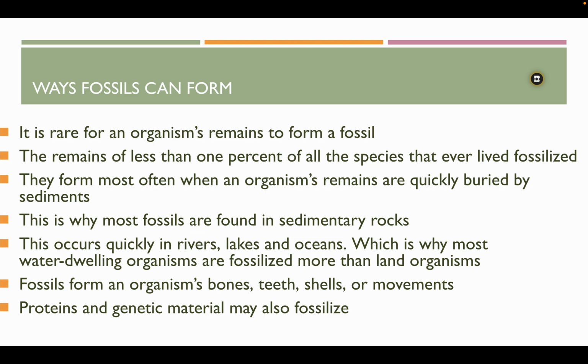We're going to see fossils of dinosaur footprints. We'll see fossils of teeth marks. We see shells all over the beach all the time. And then proteins and genetic materials may also fossilize. So the best way I can explain this is Jurassic Park.